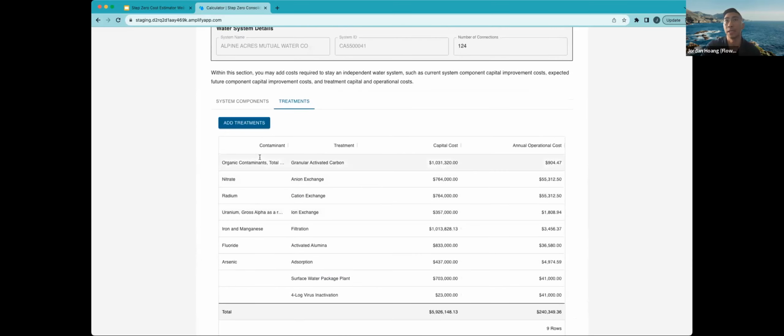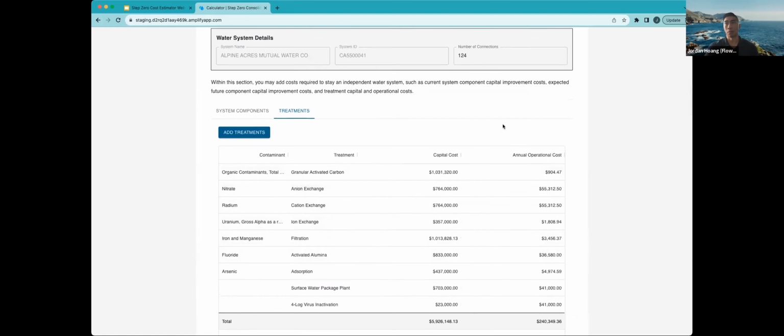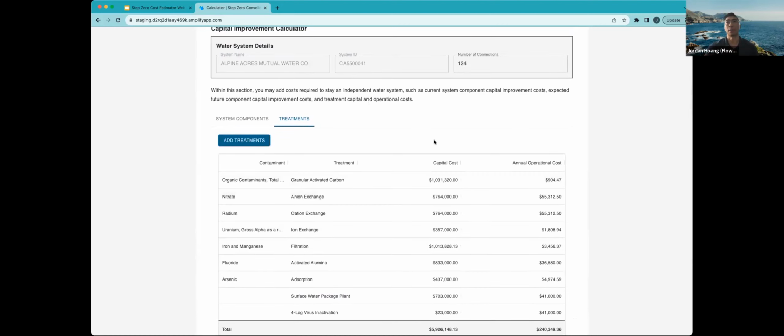But yeah, a table of the contaminant, the treatment, the capital cost of installing that treatment, as well as the annual operational cost. And these values are coming from formulas that are based off of the water system details. Let's see.